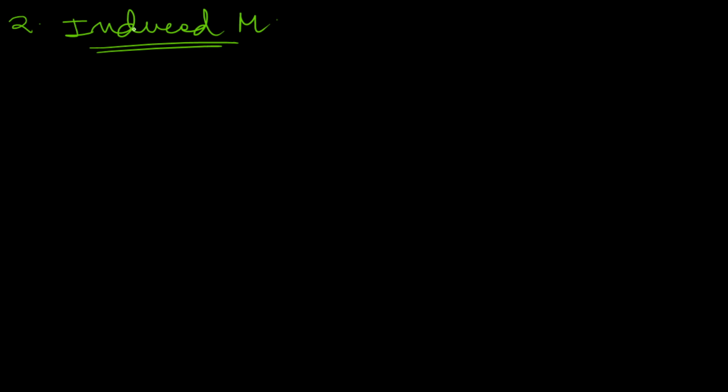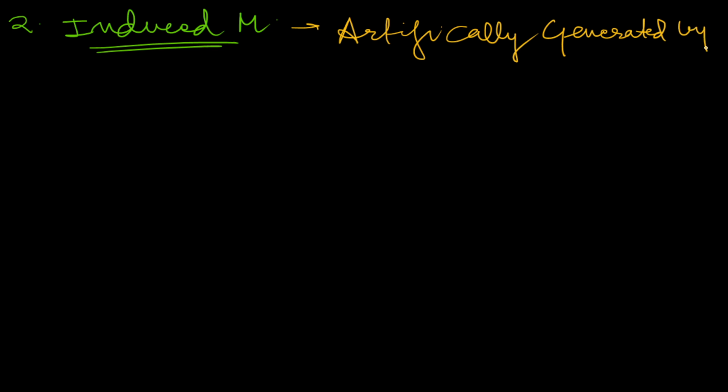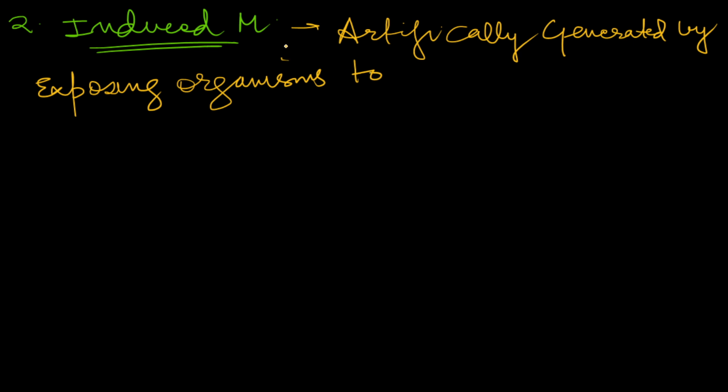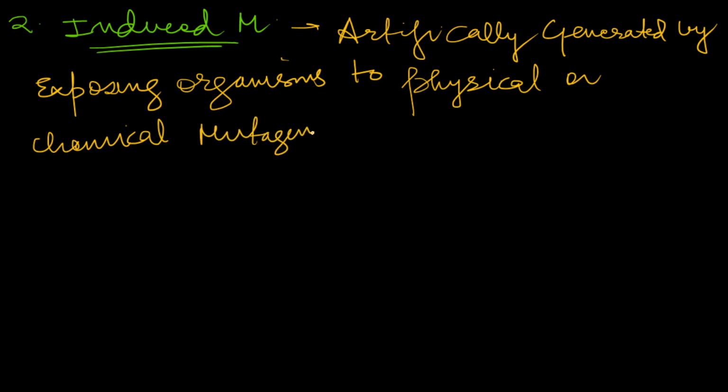So what is induced mutation? Induced mutations are artificially generated by exposing organisms to physical or chemical mutagens to increase mutation frequency.